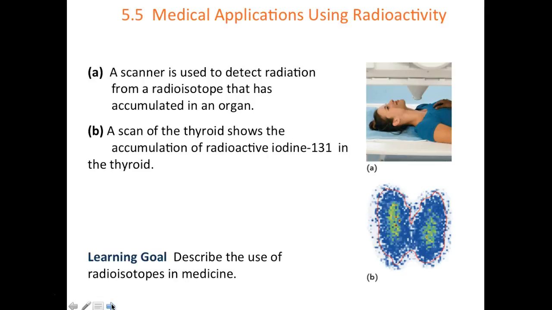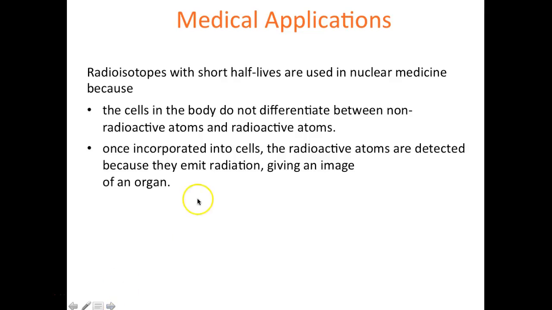A scanner is used to detect radiation once the patient has consumed the radioisotope, either injected or taken orally, and then the scan of the thyroid will show if there is any kind of imbalance or some kind of medical condition that needs to be treated. So you do need radioisotopes with very short half-lives so that they don't stay in the body for too long and cause additional destruction.